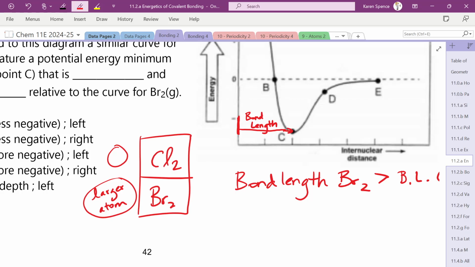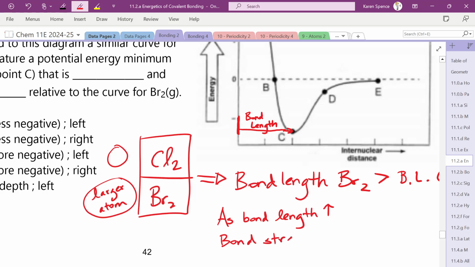And so that's why the bond length of Br2 is longer than the bond length of Cl2. There's simply more space in between them because the atoms are bigger. And in terms of bond strength, as bond length increases, what happens to the bond strength?